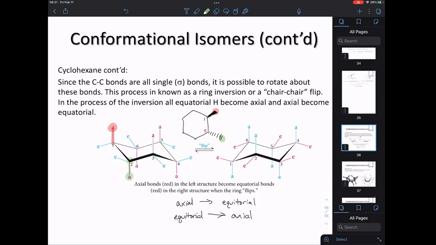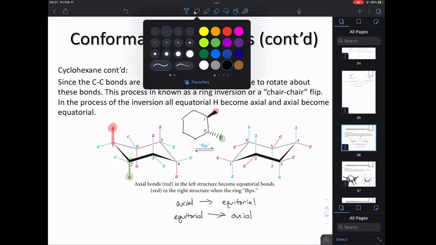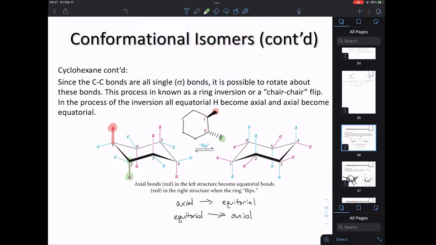That's this bond here. So both of these are in the axial position in this conformation. And then the chair is going to flip. So let me label this one: both axial.